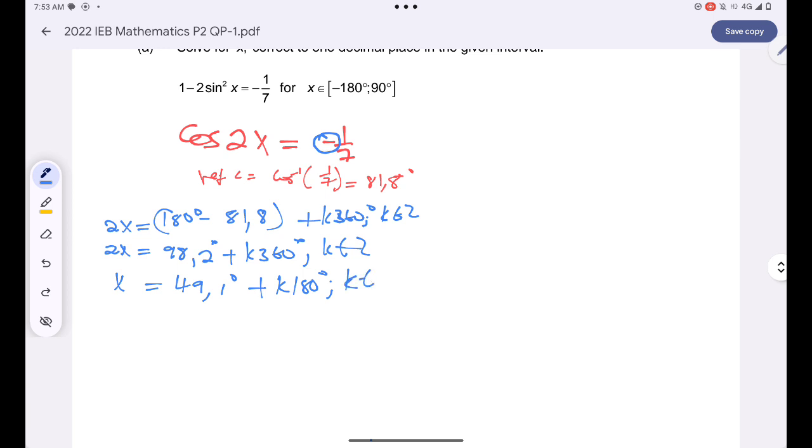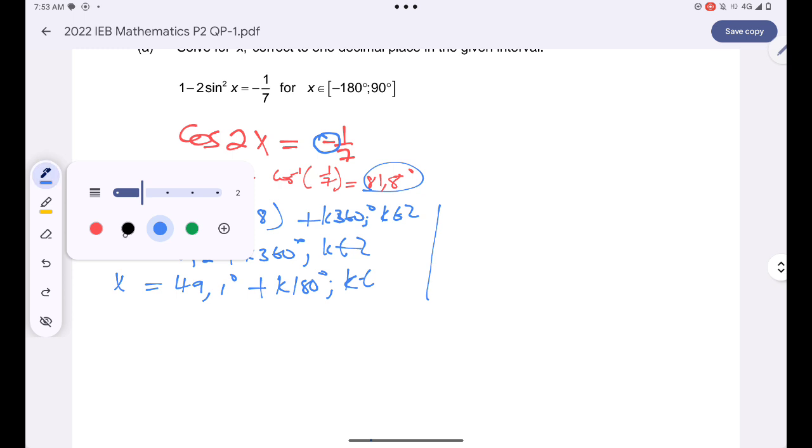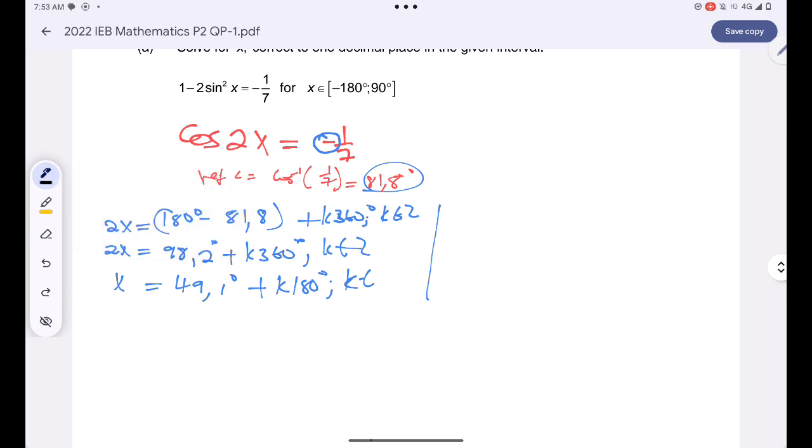Okay, and then for the other solution, all I need to do is to express my reference angle in the other quadrant where cos is negative. I know cos is negative in the third quadrant. In the third quadrant, I represent my angles as 180 plus.